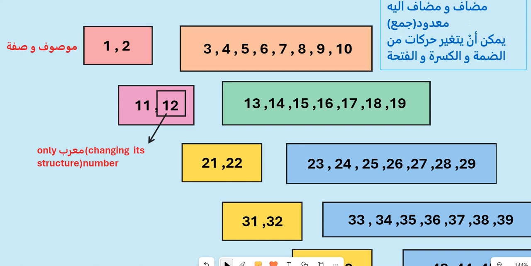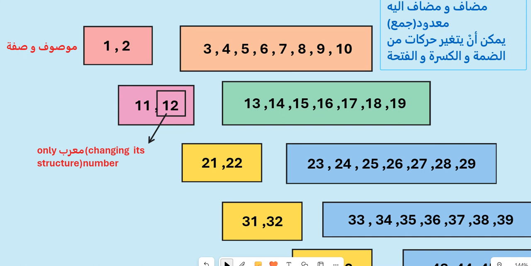So now you know 1 and 2 have mausuf and sifa, meaning the noun and the adjective, and 3 to 10 have the structure of mudaf and mudaf ilayhi. And what are the counted nouns called? For example, if you are saying 3 boys or 3 girls, the counted noun, girls or boys, is known as ma'dud.